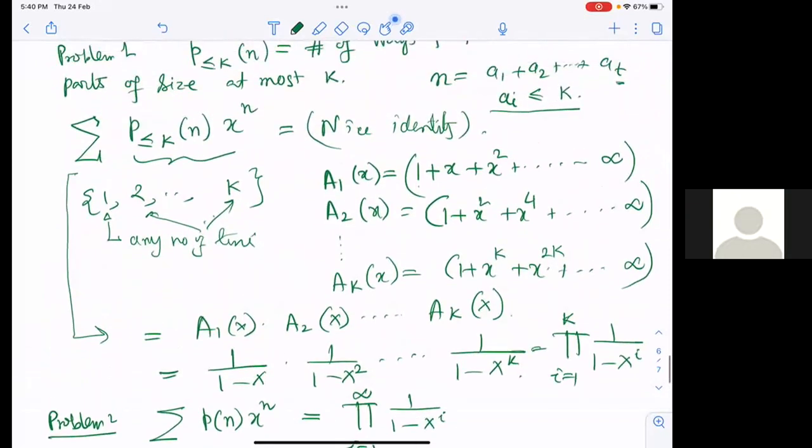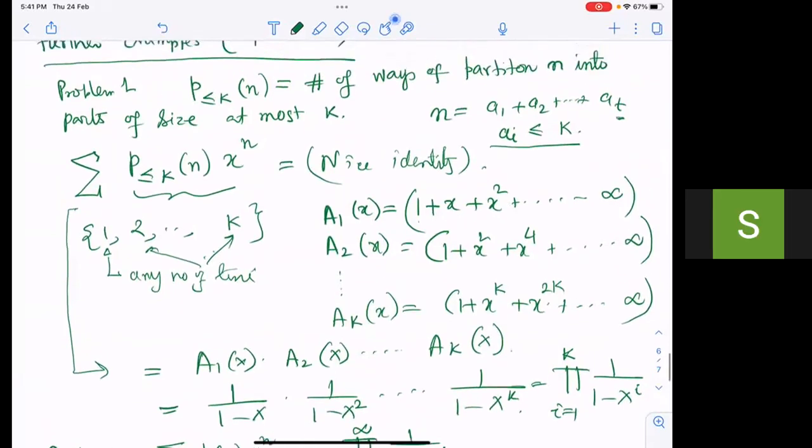Is the T confusion clear? Who asked that? Yes, Saptarshi. Is it clear, Saptarshi? The T is anything that I am using here? See, my argument there is T is not playing any role. Of course, by this argument, T is at most n, but it is not directly playing any role in my argument.